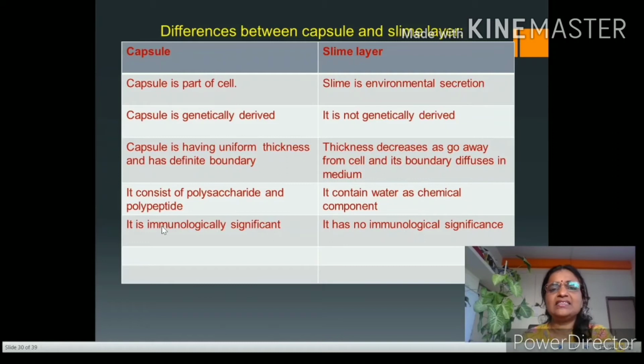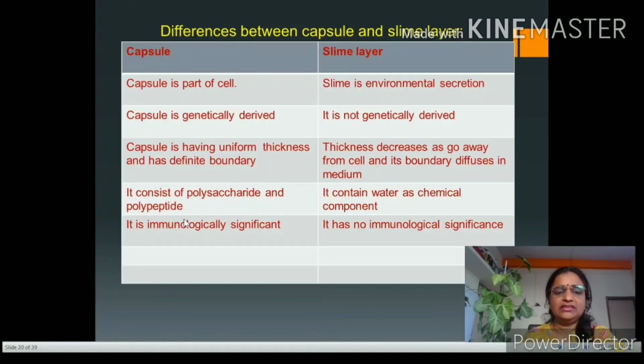The next and last differentiating point between capsule and slime layer is that capsules are immunologically significant, and slime layers have no immunological significance. Now what is immunological significance? As I told, it is antiphagocytic.